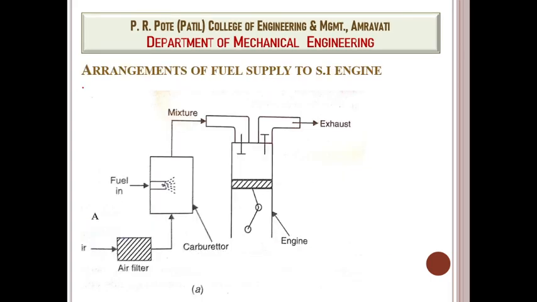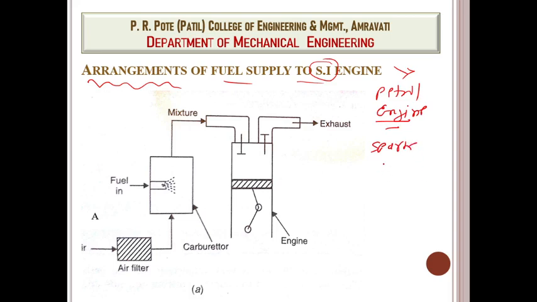So what is the arrangement of a fuel supply system in SI engines? We know this SI engine is nothing but a petrol engine, guys. Spark ignition, where a spark plug is required. What is the diagram? We know this is the engine design.